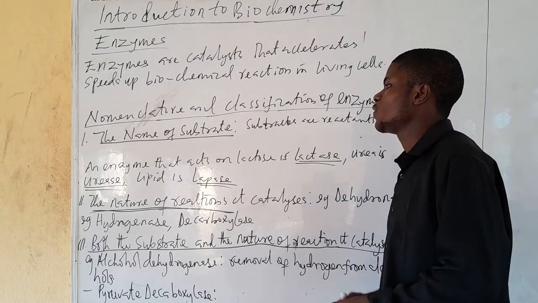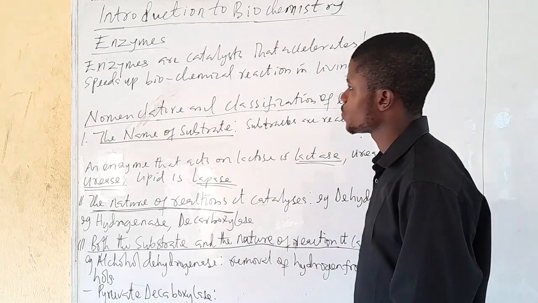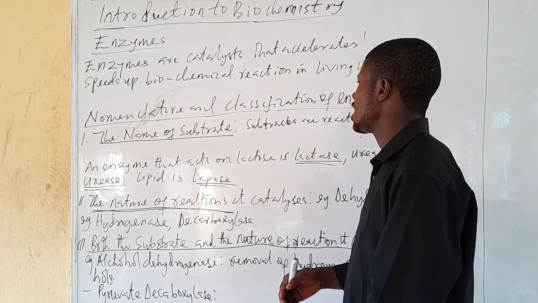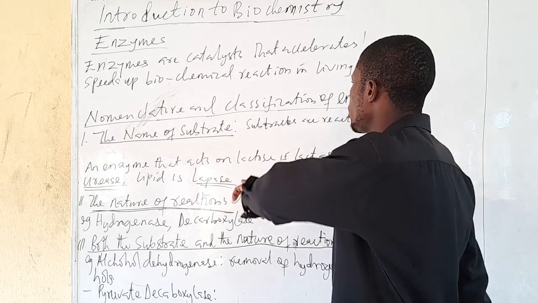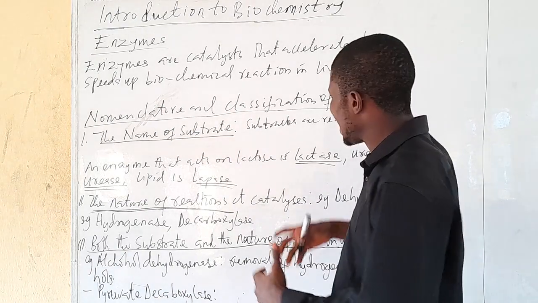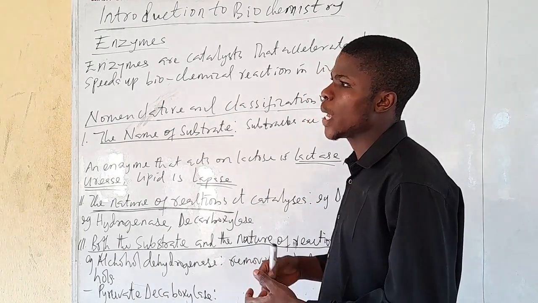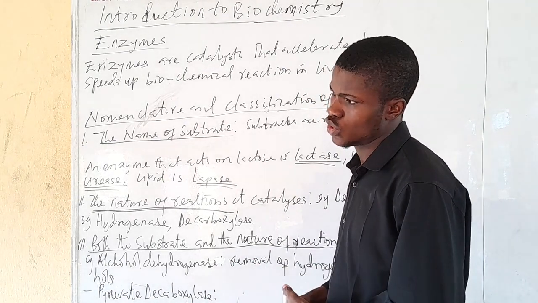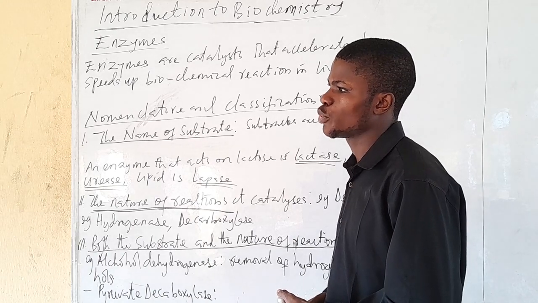Now I'm talking of the nature of substrate. Like I said earlier, for product to be formed, an enzyme must combine with substrate. Substrates are reactants that combine with enzymes to give a defined product.